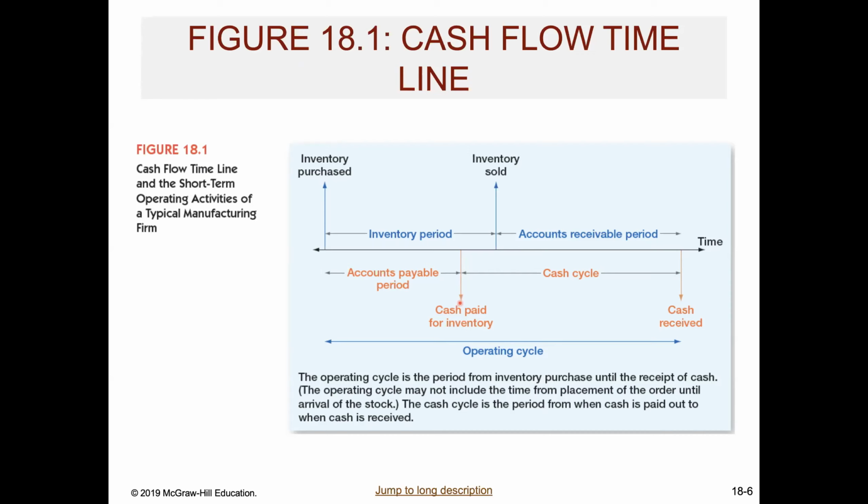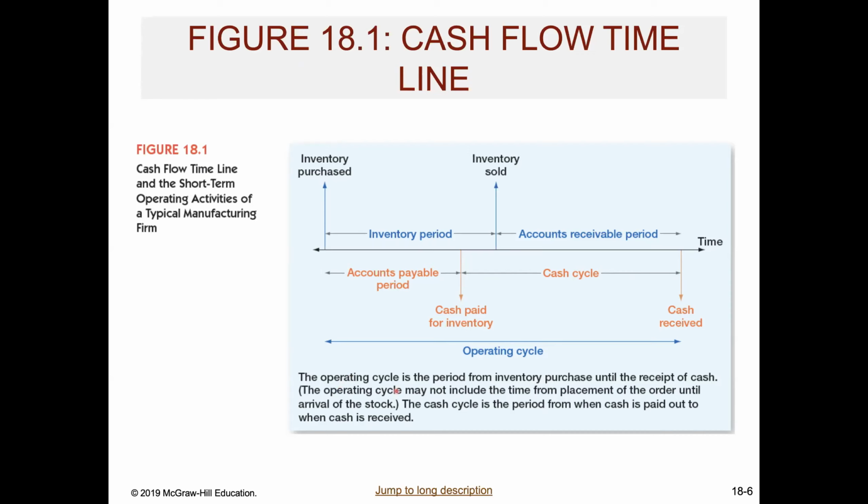Then from the time it's paid until the time that we receive cash from the sale of that inventory, that's what we call the cash cycle. So another way of looking at this, or the actual formula, is inventory period plus the accounts receivable period minus the accounts payable period equals our cash conversion cycle.